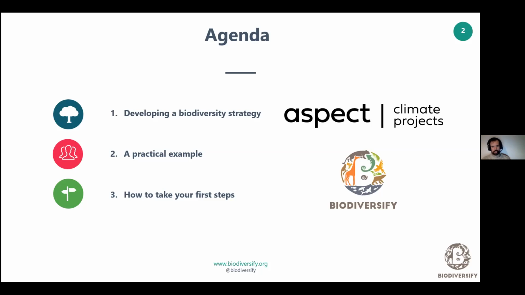And then the last section is going to be how to take your first steps. Tamsin earlier asked our team if we could put together a template to help people structure their thoughts and take the first steps on considering their relationship with biodiversity.